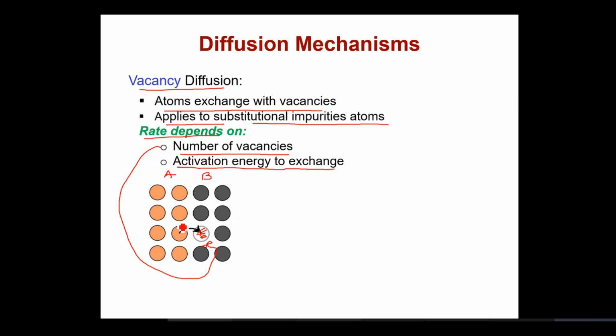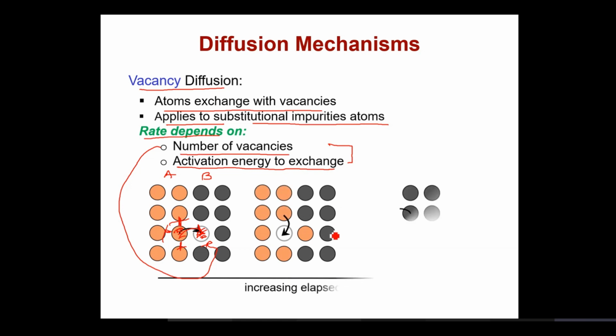Number two is that this atom has bonds in these three directions. So in order to get rid of these bonds and acquire a new position, there must be some energy that is required. These two factors are basically the factors that govern the rate of diffusion in a material.